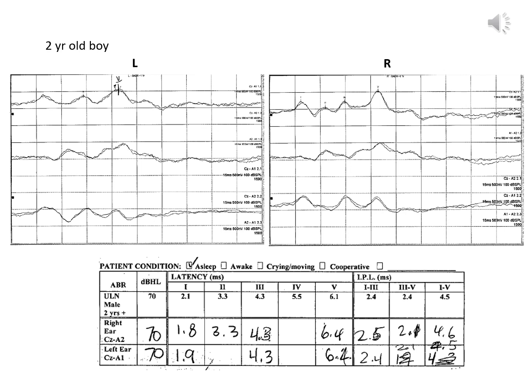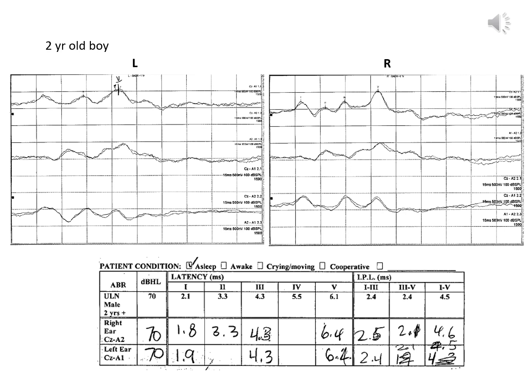And then when we look at our numbers, we'll notice that the waves 1, 2, and 3 are all within the upper limits of normal, whereas for both ears, the absolute latency of the wave 5 is high. It's higher than the upper limit of normal. And because this is at 70 dB, we can interpret this wave 5 as a real delay.